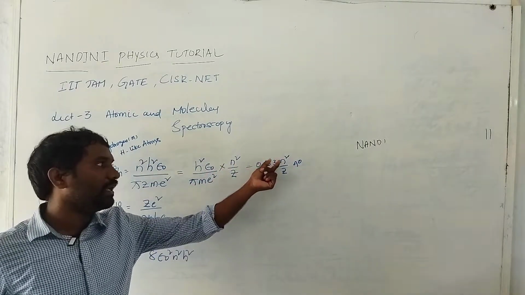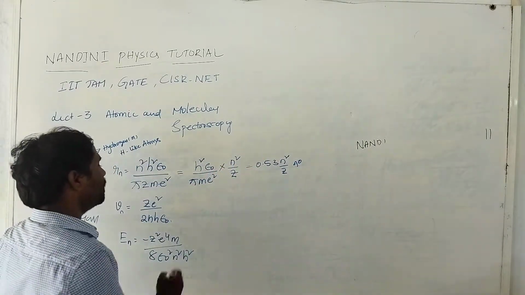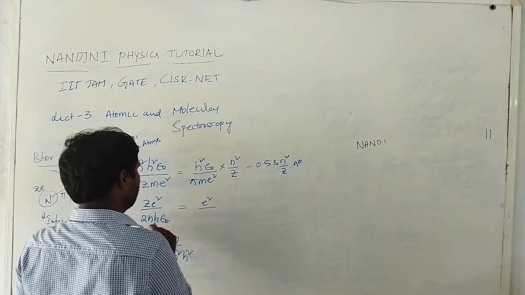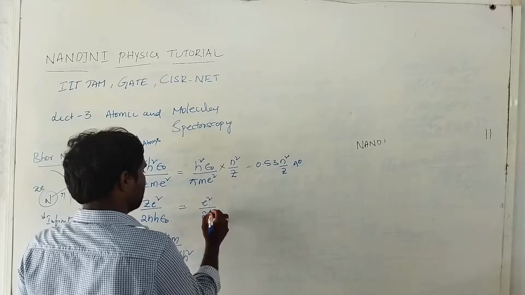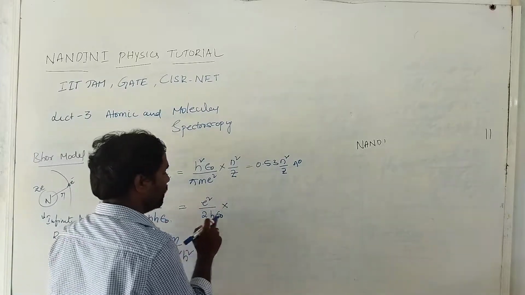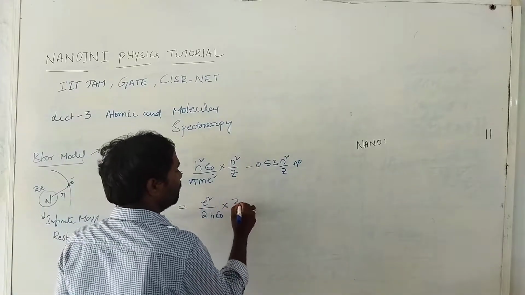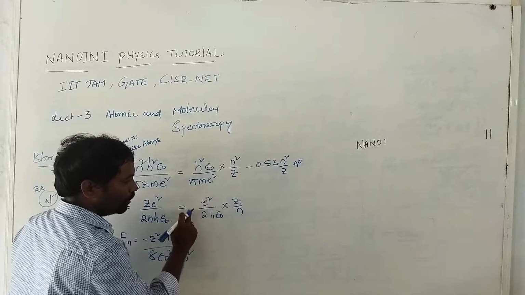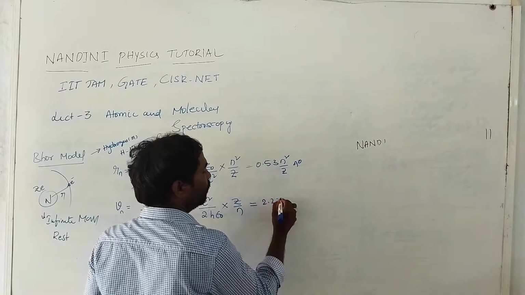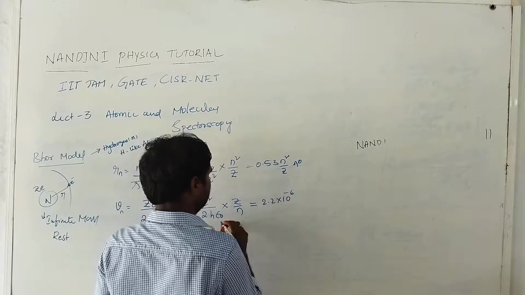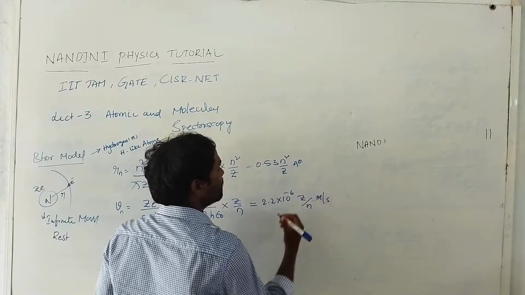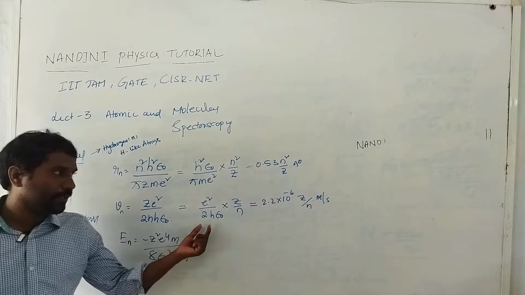Similarly, in this equation you take e square divided by 2 h epsilon naught into z by n. If you substitute appropriate values, you will get 2.2 into 10 power 6, z divided by n, meter per second. So this is the velocity, that's why we indicate meter per second.